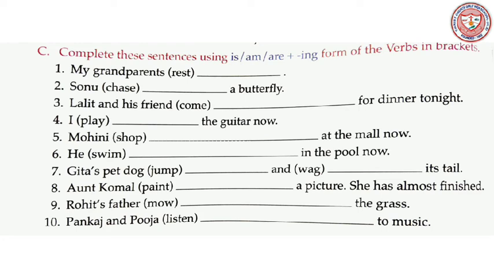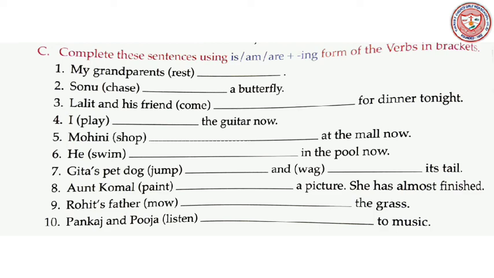Number 3. Lalit and his friend come for dinner. So, the ing form of the verb come is coming.